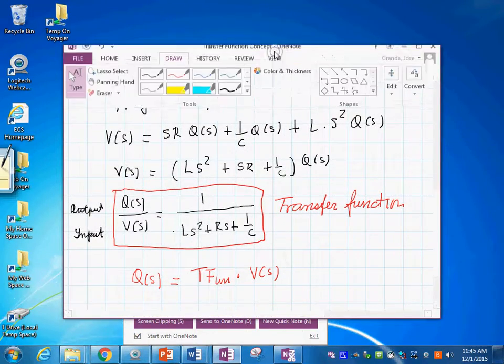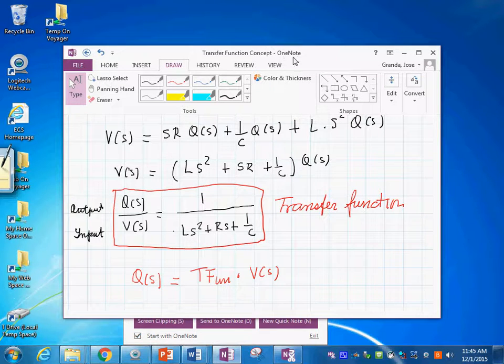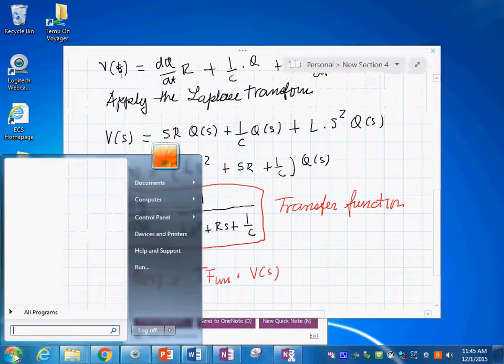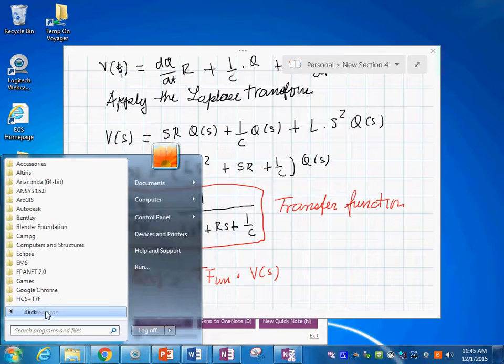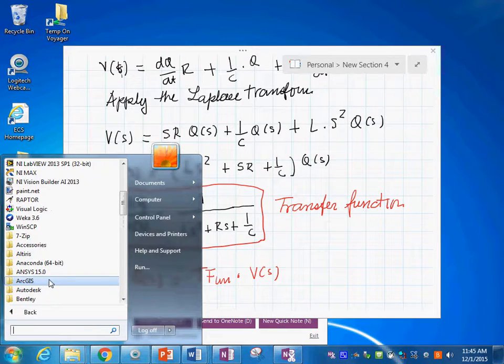I'm just interested in the transfer function. It doesn't like me moving the window, but okay, I'll just run MATLAB and show you real quick what we can do with this.